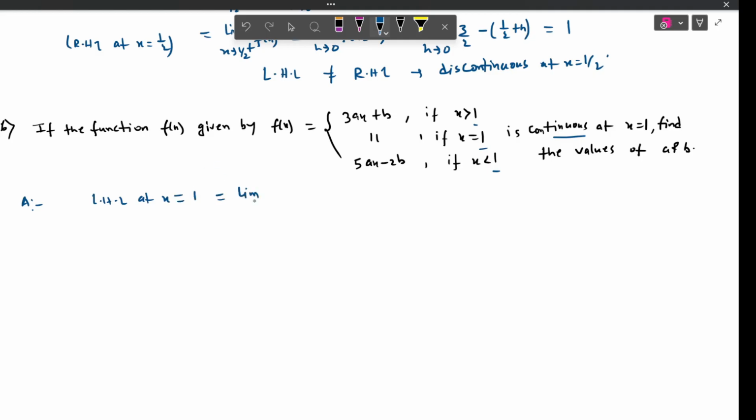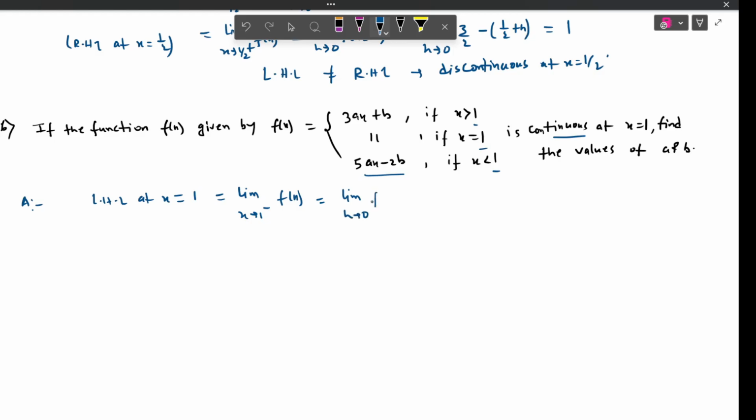So let us say left hand limit at x equals to 1. So it would be limit x tends to 1 minus f of x. And what is the function at x tends to 1 minus? At x tends to 1 minus, the function is 5ax minus 2b, right? You can directly put the values here, or you can convert it into h tends to 0.